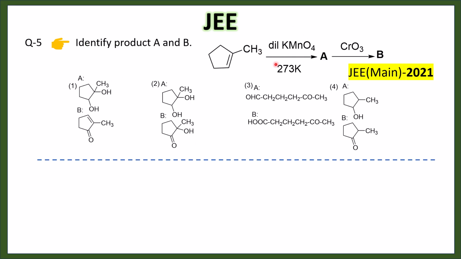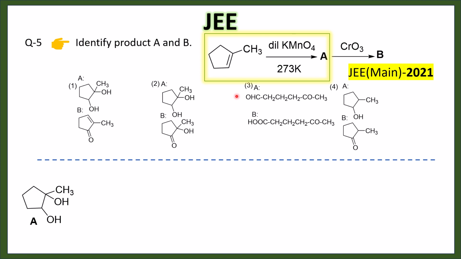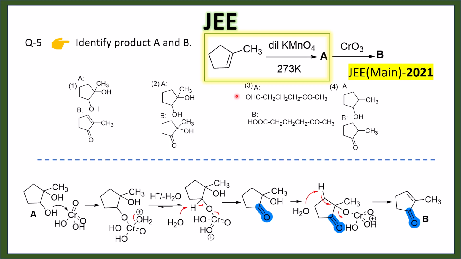Now question number 5, identify the products A and B. Here we have dilute KMnO4 at 273 Kelvin, which means 0 degrees Celsius, and then chromium trioxide oxidation. Let's do that. First, we know that dihydroxylation happens with cold dilute KMnO4, and then the reaction follows oxidation of this hydroxyl group to a carbonyl center, giving this ketone.